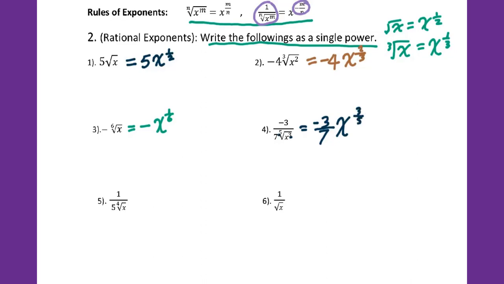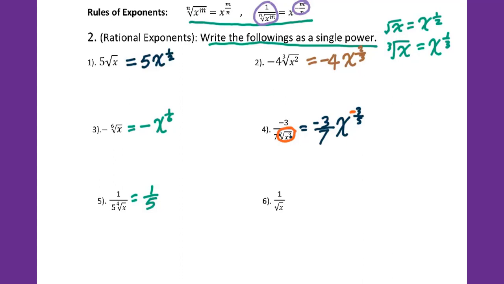Since this is in the denominator, you will get a negative exponent. Therefore, you will write down x to the negative 3 over 5th power. For number 5, you will get the 1 over 5.